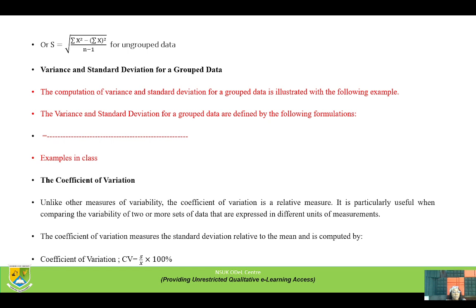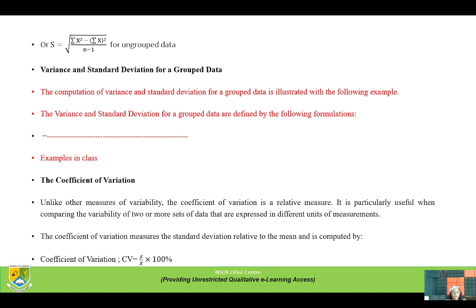The coefficient of variation. Unlike other measures of variability, the coefficient of variation is a relative measure. It is particularly useful when comparing the variability of two or more sets of data that are expressed in different units of measurement.